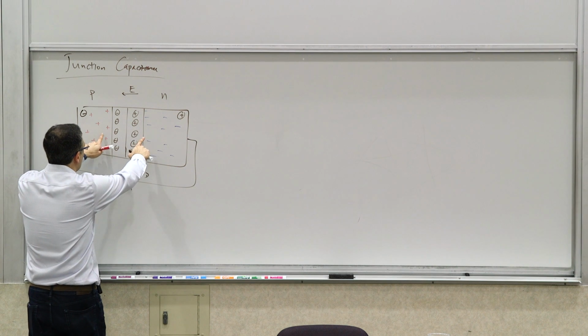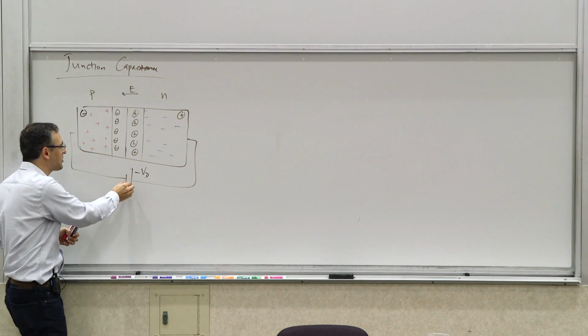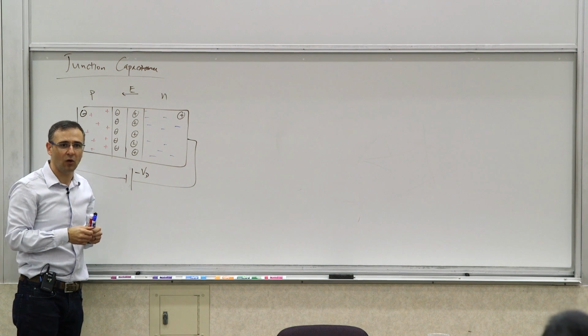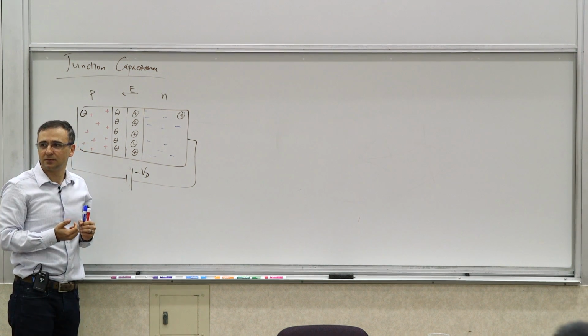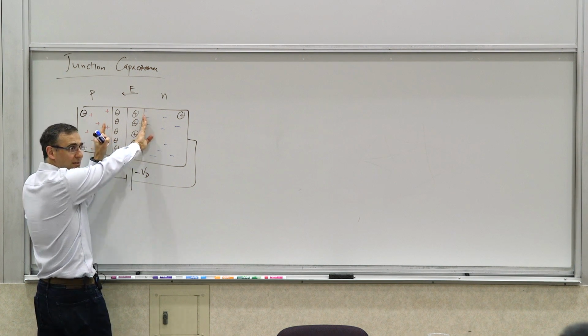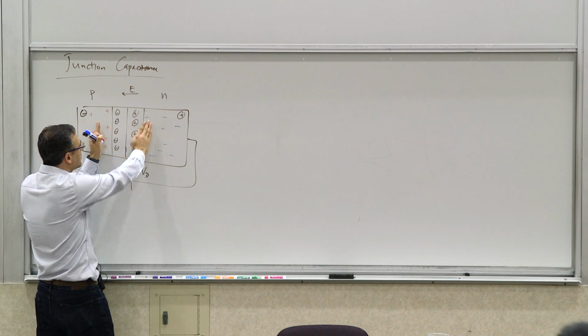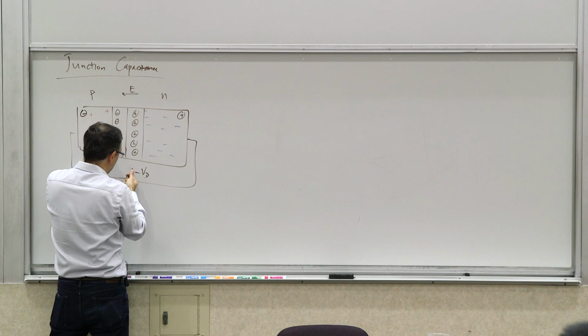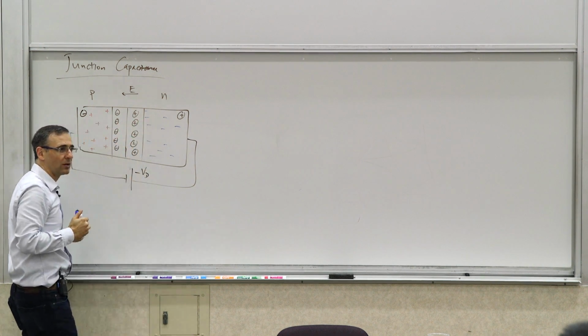But these charges are. So now if I change this voltage a little bit, let's say I increase this reverse bias, what do you expect to happen? The depletion region will grow a little bit, so it becomes a little bit larger. Or if I make this a little bit smaller, the depletion region will become smaller, right?